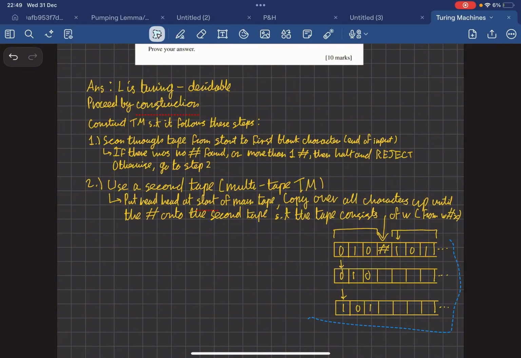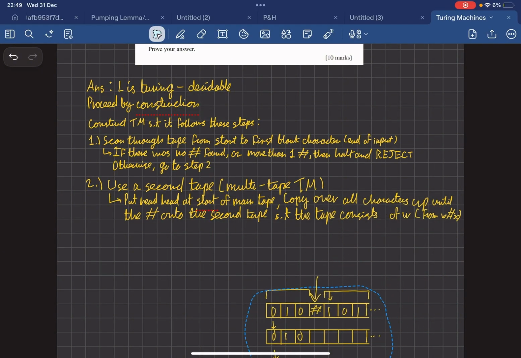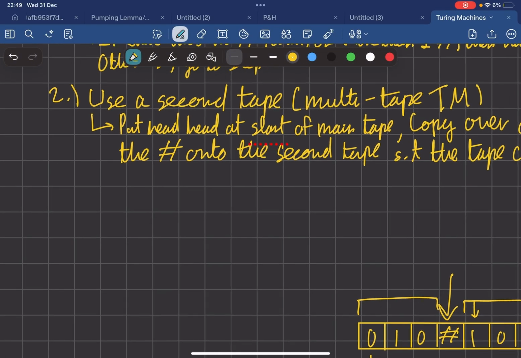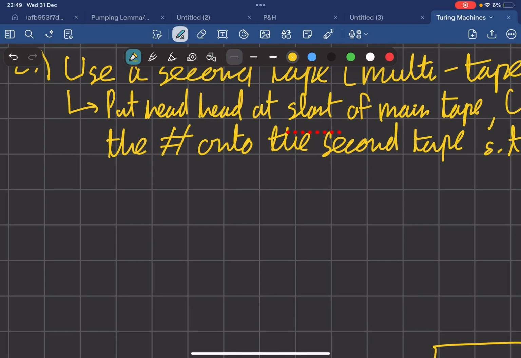Okay, and let's give this tape a name so we can refer to it easier in the future. Instead of just saying second tape, let's call it the substring tape.